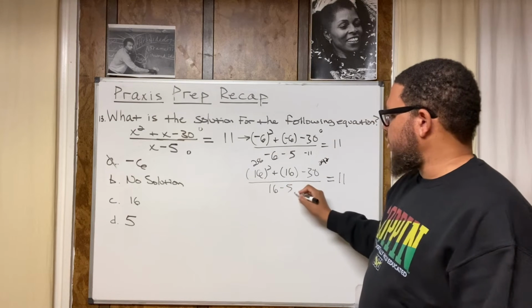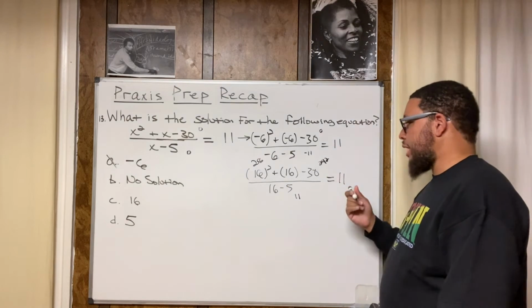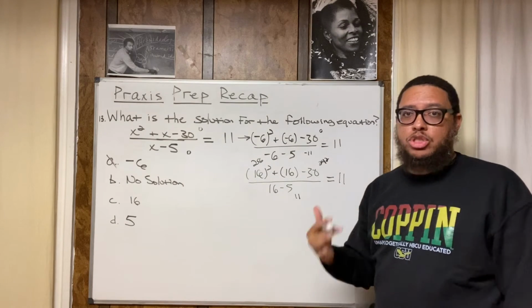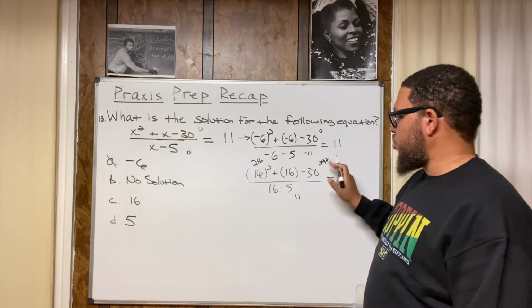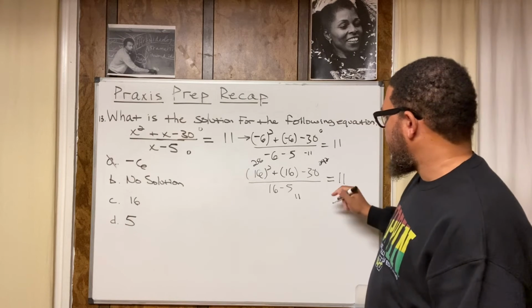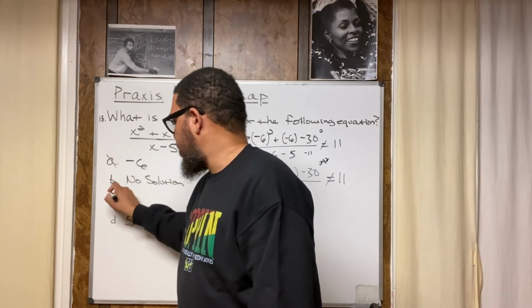And the denominator, 16 minus 5, is going to be 11. So 242 divided by 11, I know that that's not equal to 11, right? I know for a fact that 121 divided by 11 equals 11. So therefore, 242 divided by 11 definitely doesn't equal 11. All right? So that's no good, just like this was no good. So C is no good.